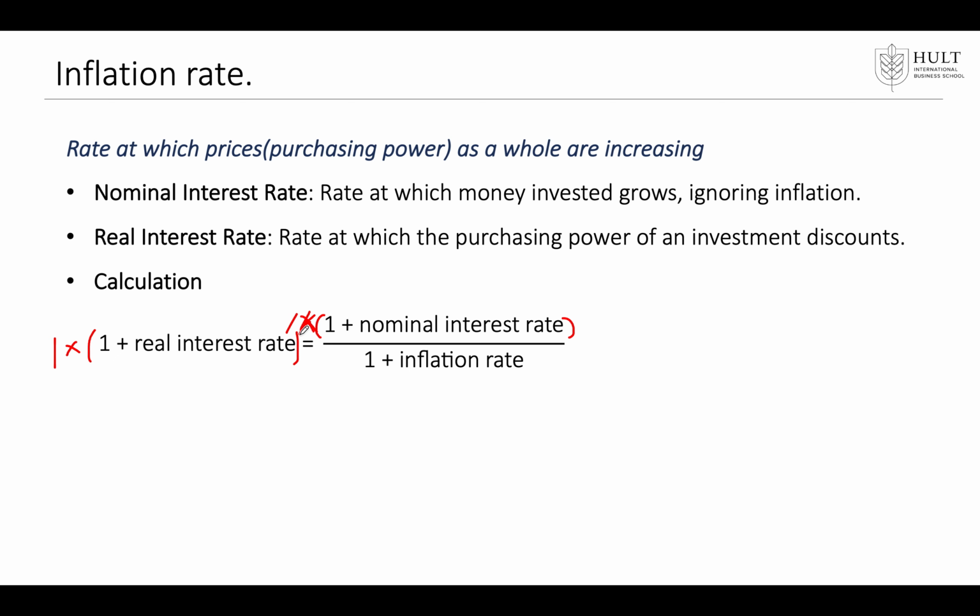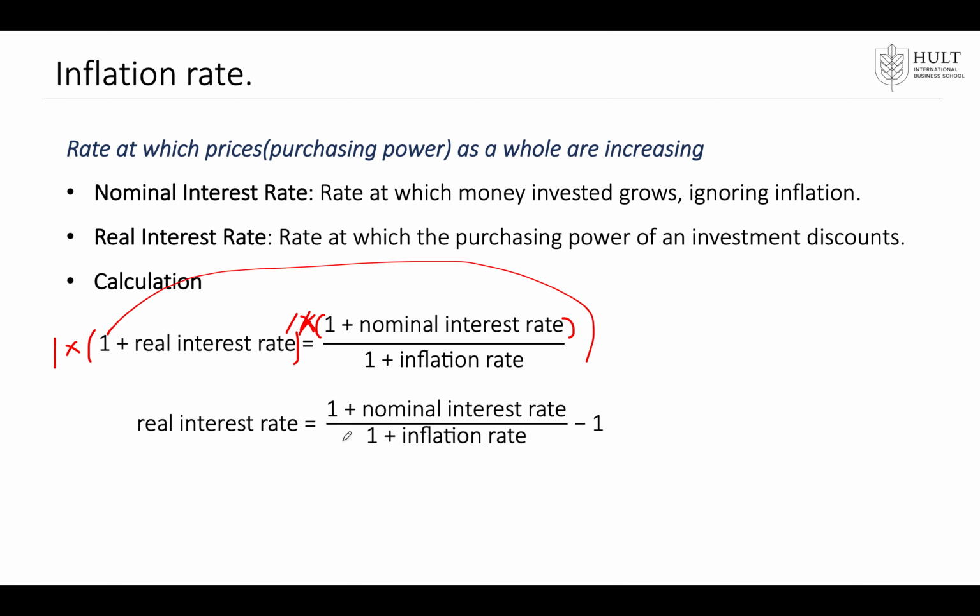So $1 times 1 plus interest rate is the 1-year future value. It should be discounted by the inflation rate. So we come back to $1 times 1 plus real interest rate. Now let's take this 1 to the other side, then we got this. So the real interest rate is calculated that way.